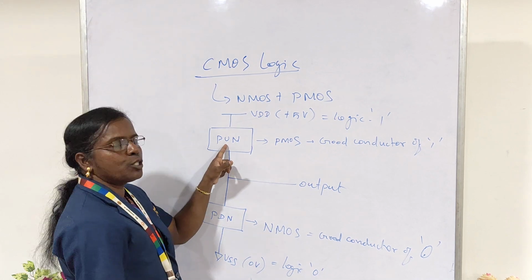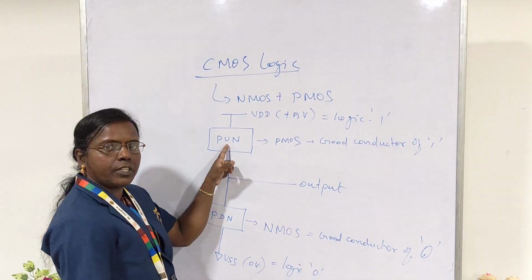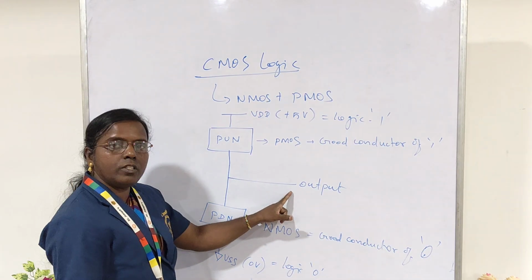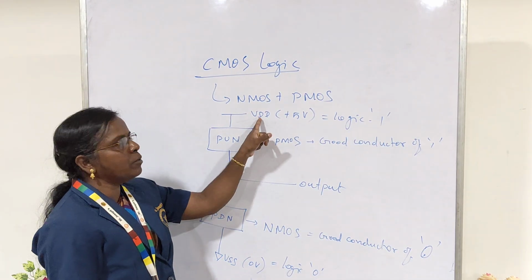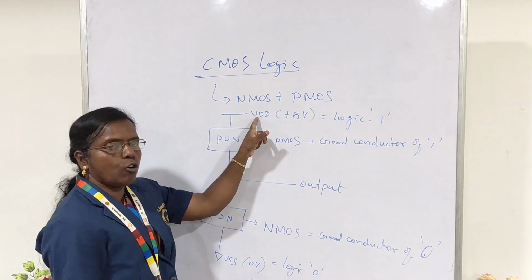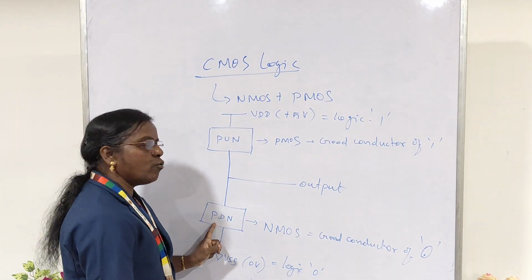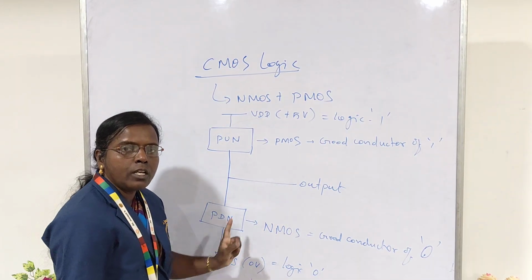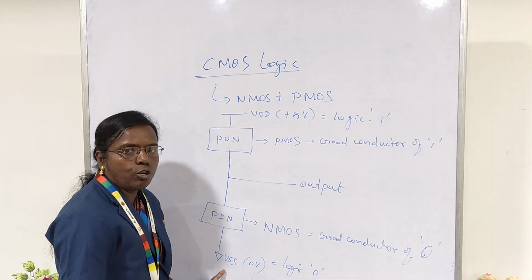So what is the meaning of this pull up network? From the name itself we can understand it pulls the output terminal to VDD. It pulls up the output to VDD, and the pull down network pulls down the output to the ground potential.